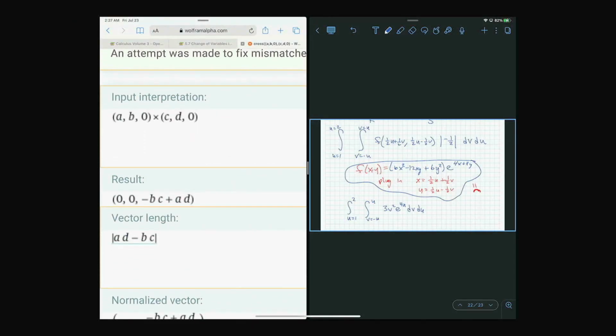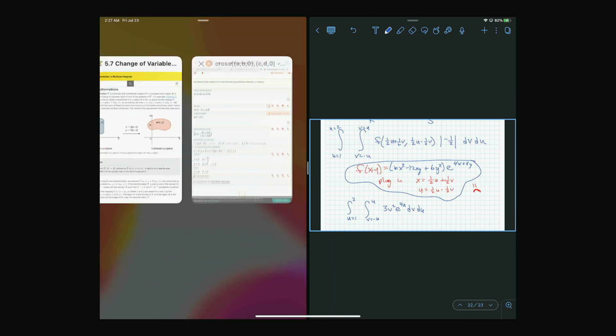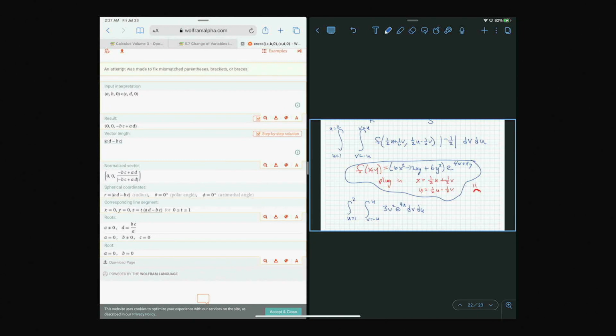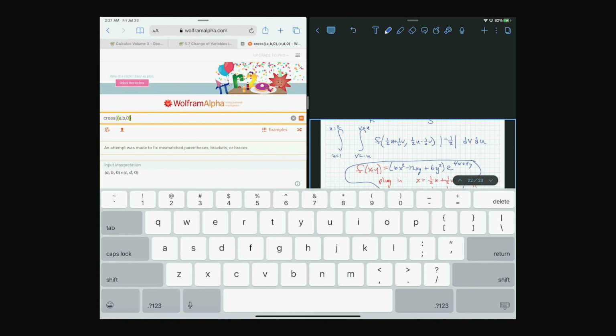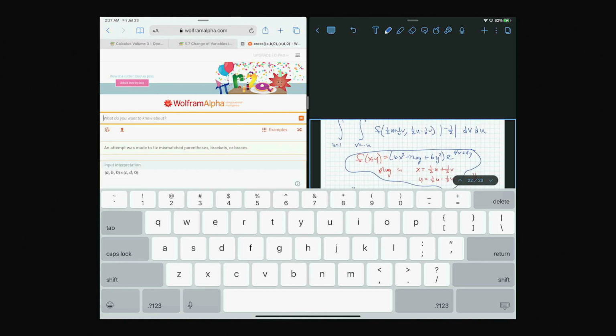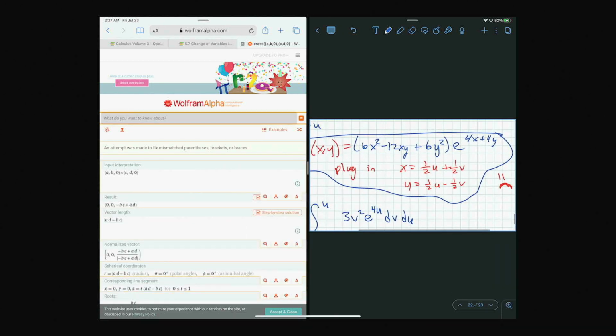In case you don't know. Come on, make small. Please just work. Thank you. Right. So this is one of the best uses of Wolfram Alpha, in my opinion, for stuff like this. So I can just type this in.